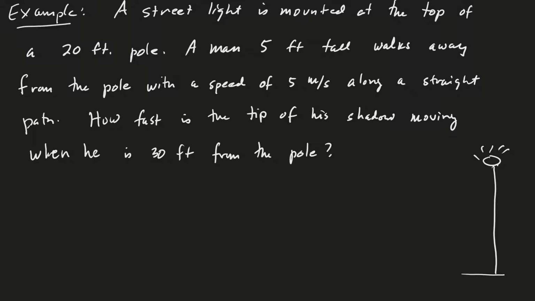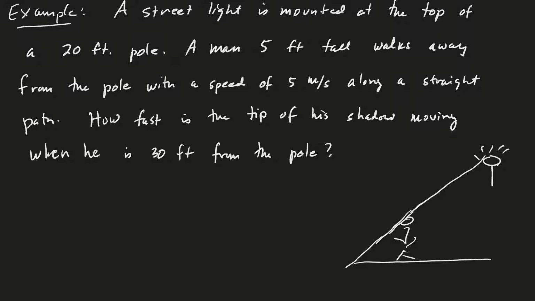Okay. So where's the shadow coming from? It's coming from the light, right? That's going right off the top of his head and then shining down on the ground. Maybe we draw that. Good.